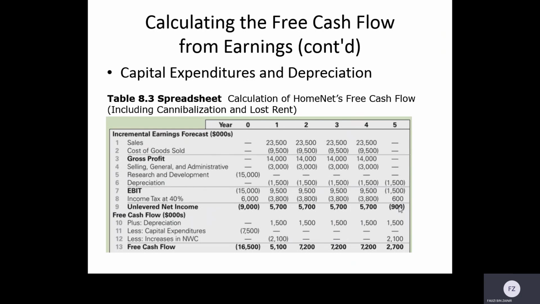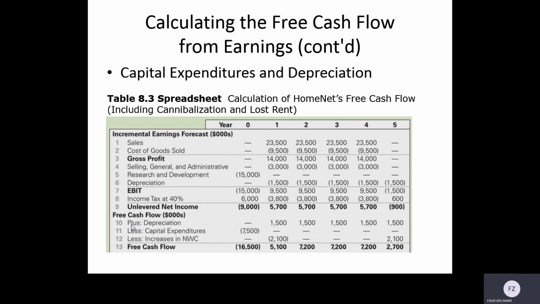Again, we add another line: from the unlevered net income, we add plus depreciation, and then we subtract less capital expenditure and less net working capital.